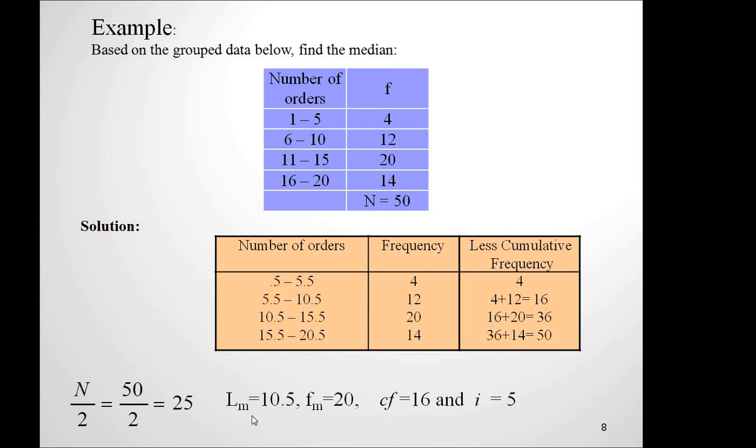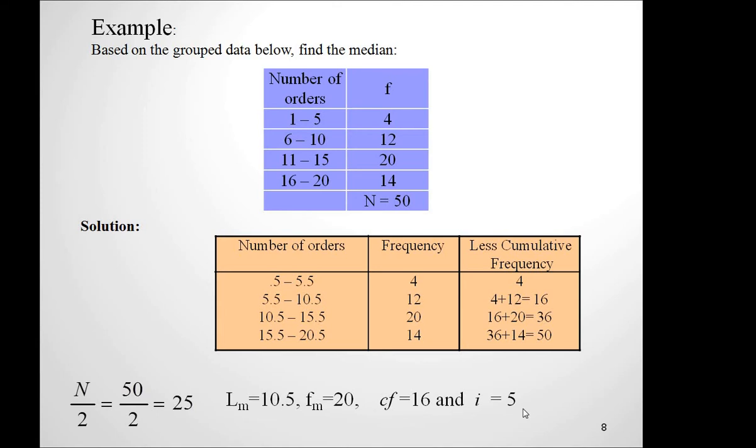So, let us write down the required information. Lm is 10.5, the lower class boundary of the median class. Fm is the frequency of the median class, Cf is the cumulative frequency of the pre-median class, and I is upper class boundary minus lower class boundary, that is 15.5 minus 10.5 equal to 5.